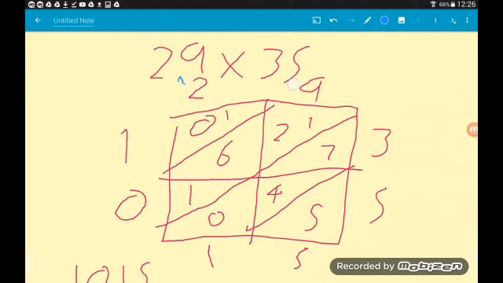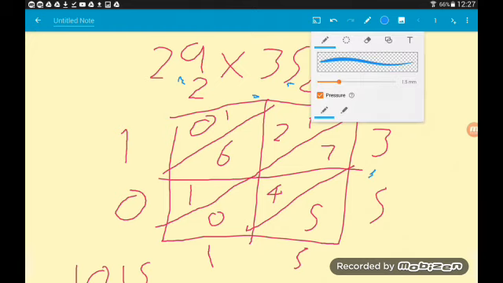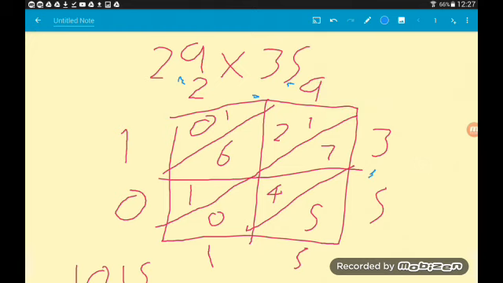Now what's really useful with the lattice method, say that instead we were asked to do 2.9 times 3.5. The good news is we would do exactly the same as we've done. We now just need to work out where the decimal point would go. We've got a decimal between the 2 and the 9 and between the 3 and the 5. Imagine this top decimal is falling straight down.